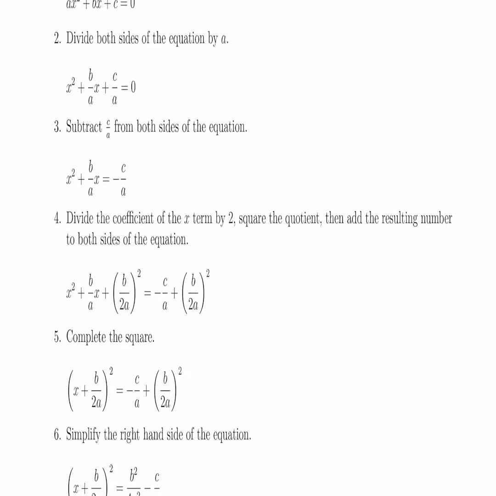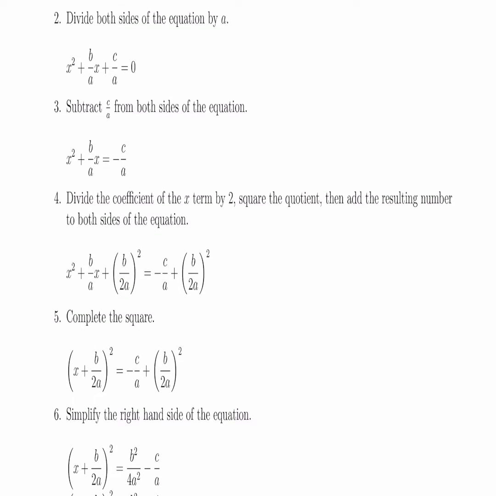Then comes the completing the square part. A little bit tricky, but basically we take the coefficient of the x term, whatever number is being multiplied by the x term, which is b on a, we divide that by 2, square the whole thing, and then add that number to both sides of the equation.